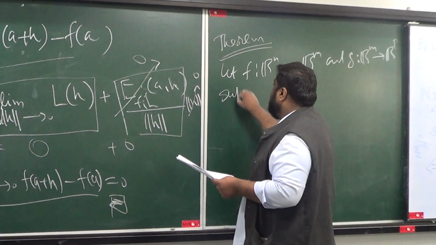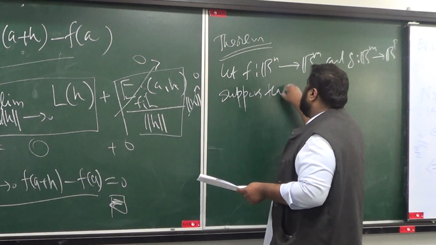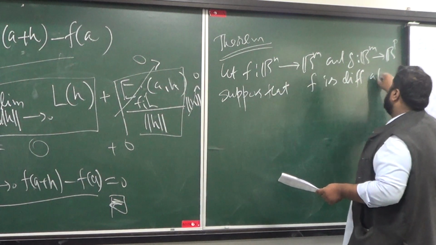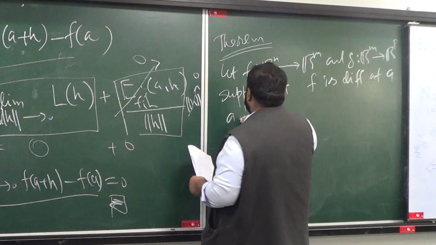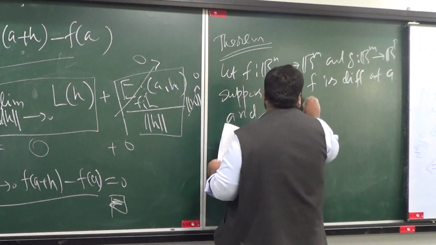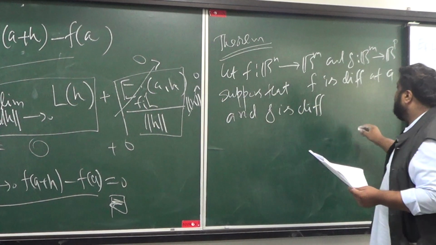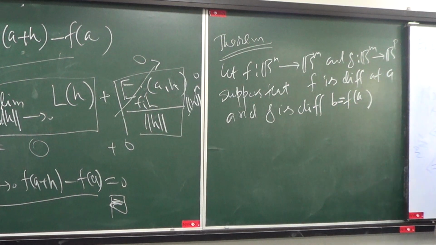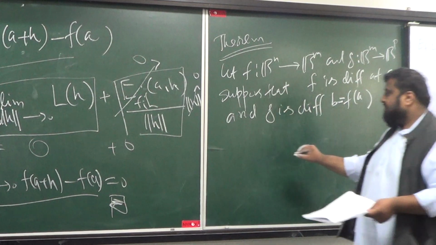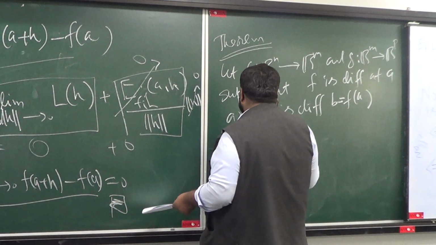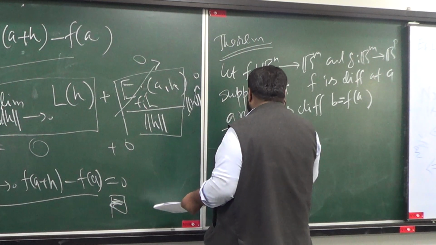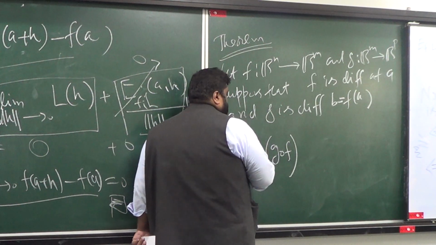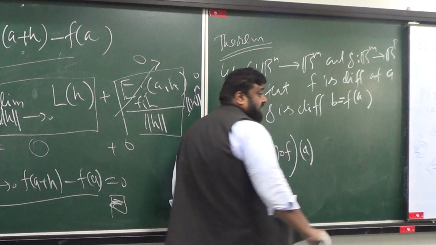And suppose that F is differentiable at A, and G is differentiable not at A but at F of A, to which I am giving the name B. Then what would be the Fréchet derivative of G composition F evaluated at A?